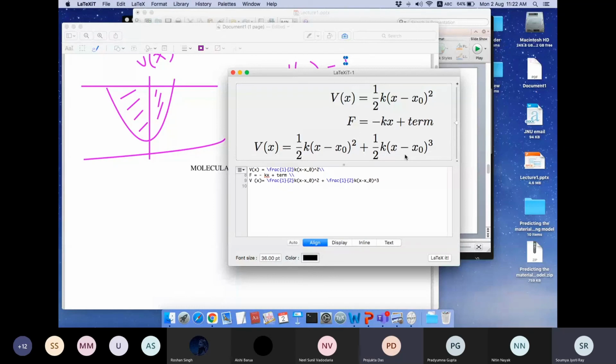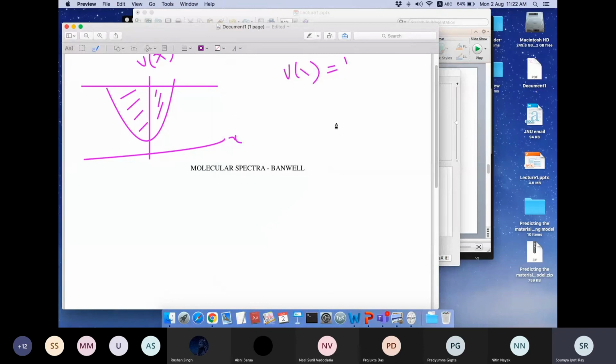If I'm simply talking about a harmonic oscillator, let's say this is my central position, this is my 0, this is x, and this is my minus x.